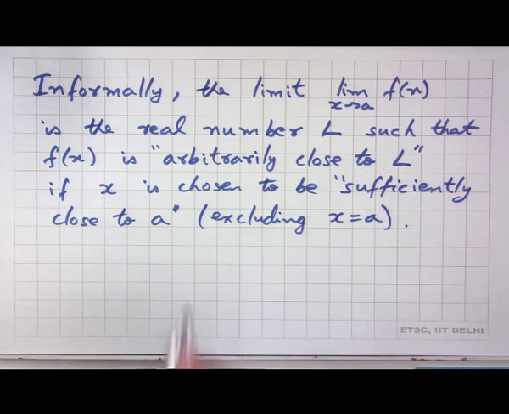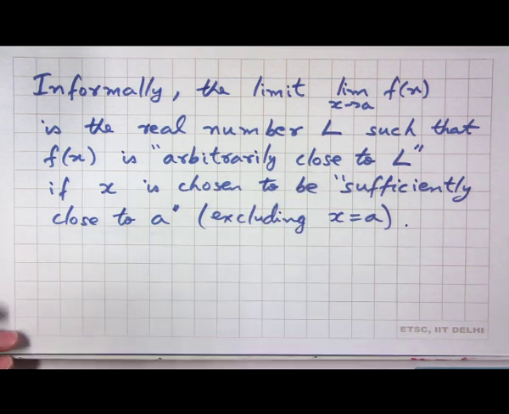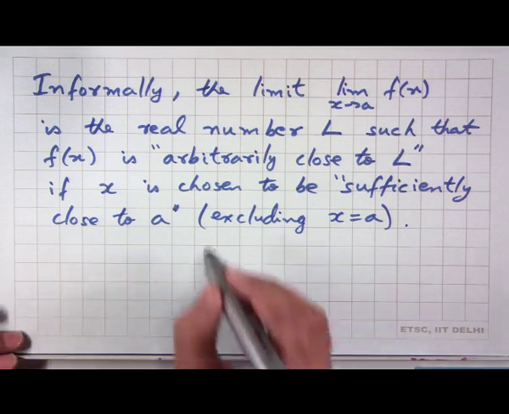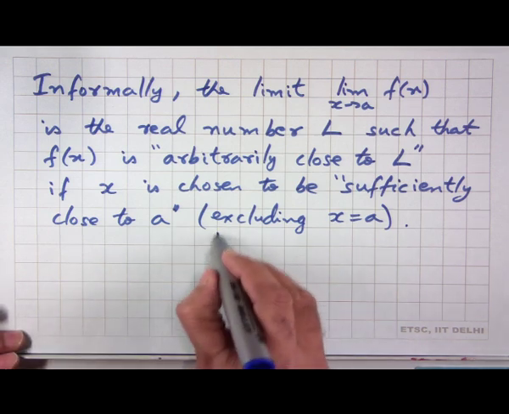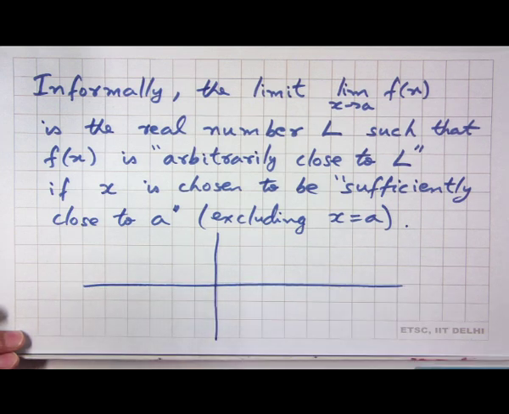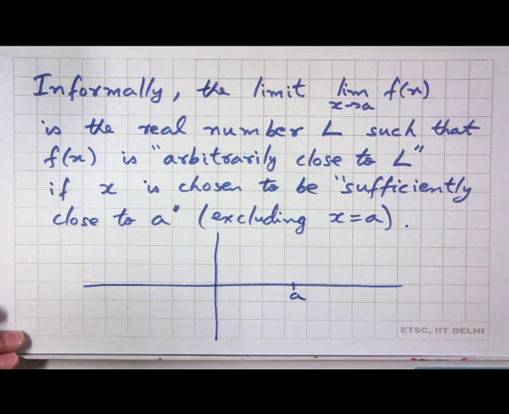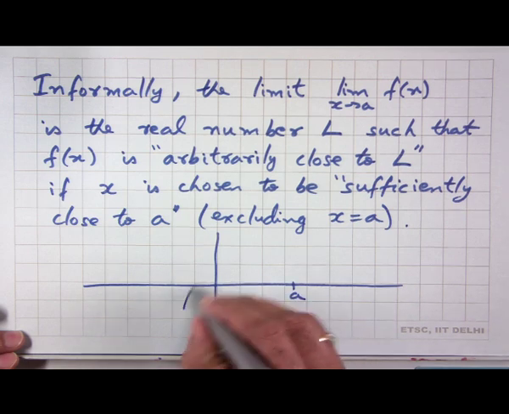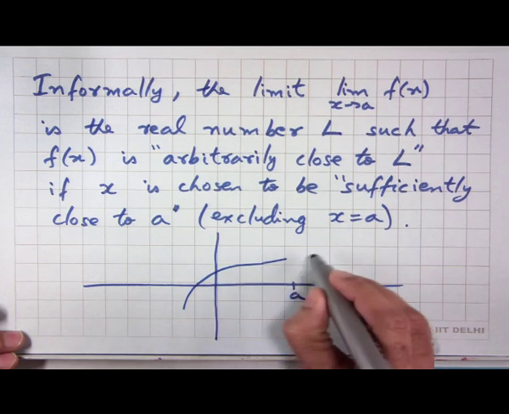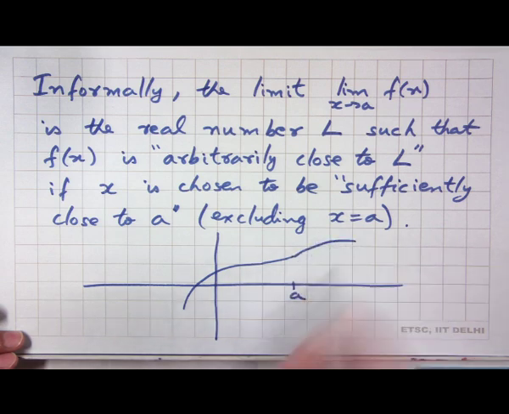Let me explain what we mean by arbitrarily close to L and sufficiently close to a. Suppose I have a function, and we have x equal to a here, and this function is something like this.